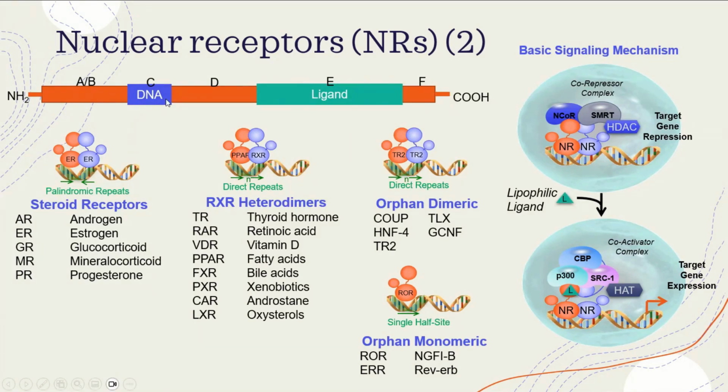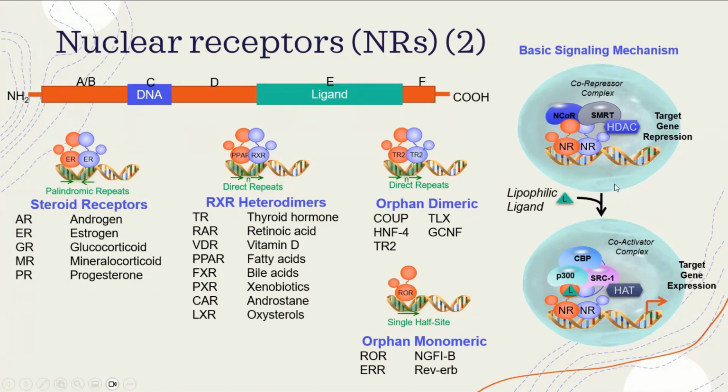So we have specific structures to the ligand binding domain for each particular gene. We also have a similar structure to the DNA binding domain, but they vary in what specific sequence they recognize. This DNA binding domain is specific for each type of nuclear receptor, and it is looking for a sequence that's found on the genes that it's going to regulate.